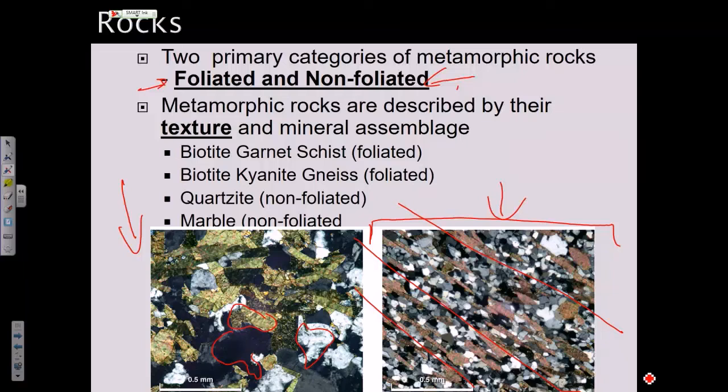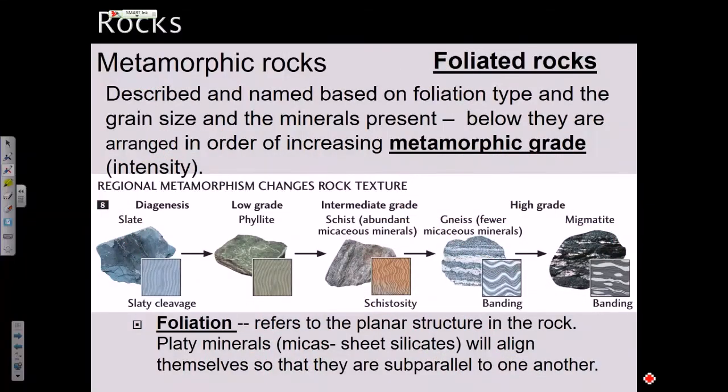So this rock on the left is non-foliated, okay, and the rock on the right is foliated. So texture becomes important. This foliation, or the absence of it, becomes important. And of course, the minerals that are present are also used to classify the rock.